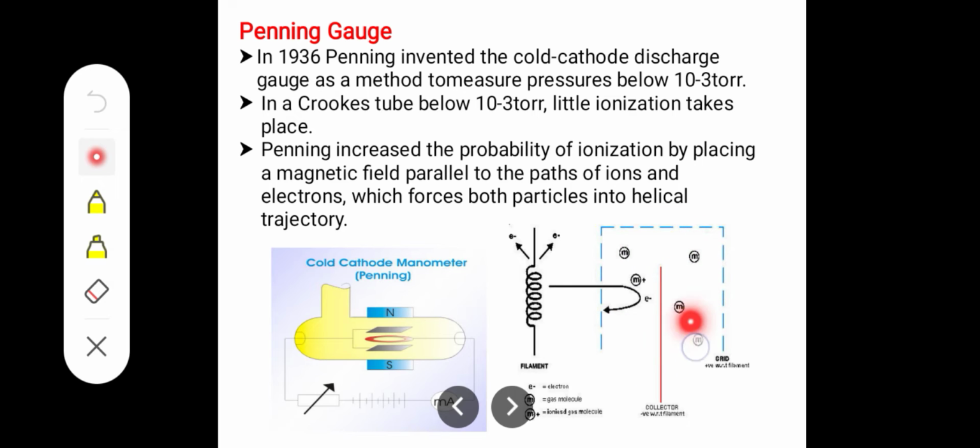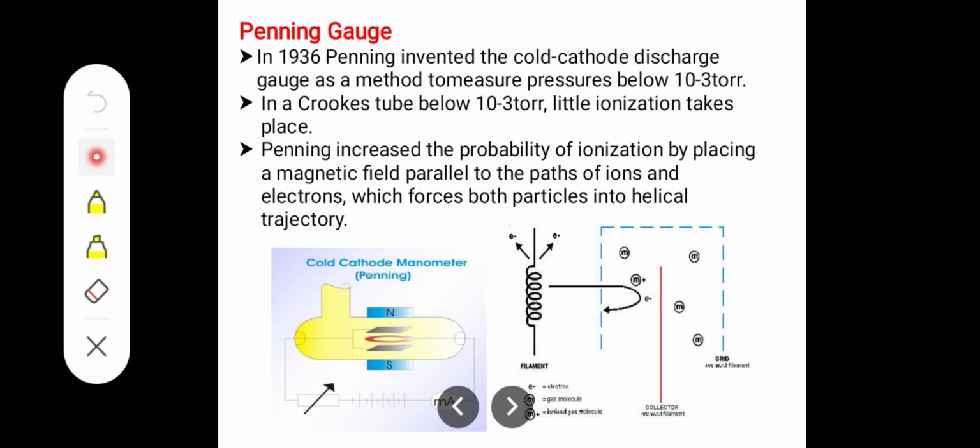If the collector is at negative potential, the positive ions go toward the collector. But the electrons go in a helical path due to the magnetic field, and their trajectory is much longer.